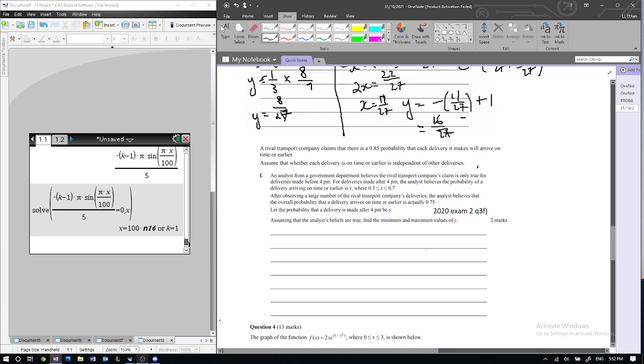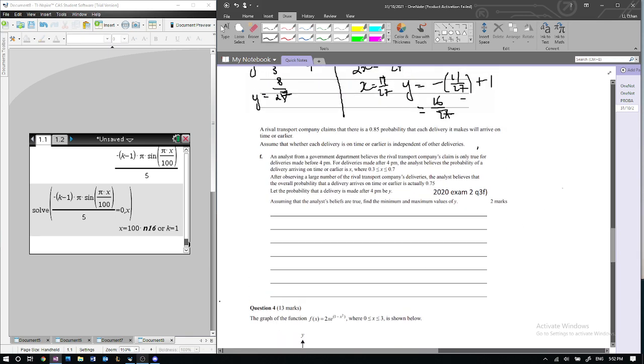Okay, I'll move on. This is quite an infamous question, I think, because of all the stupid wording. So this is 2020 exam 2 question 3F. Just have a read, and then you'll see what I mean. From the wording, it's quite hard to really deduce what they're asking.